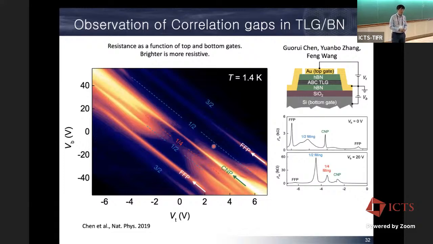And again, for the charge neutrality point, applying a very strong electric field opens up a band gap in the system, and therefore it's natural to expect highly resistive phases, either in this corner or in this other corner. But then for other electron densities, like 1/4 or 1/2, in principle, these should be metallic phases, and having a strong electric field shouldn't produce these bright peaks. And so these peaks are expected to be Coulomb interaction driven.